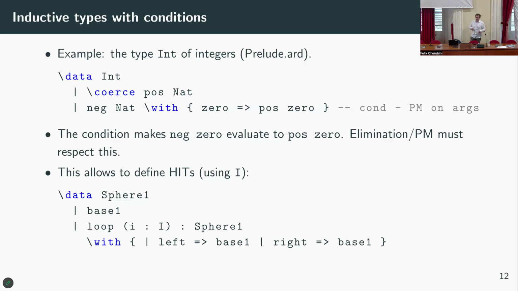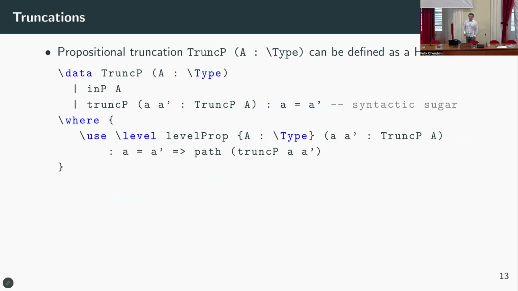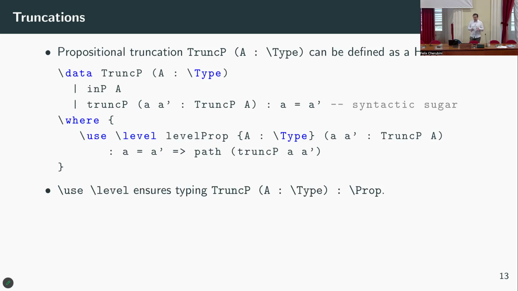So, very simple idea. In particular, we can define propositional truncation, and here this path constructor is just inductive sugar. Essentially it's just as was shown above, an inductive type with conditions. So there is an interval hidden actually. And there is a user level construction that places this kind of data type in a specific universe, Prop.